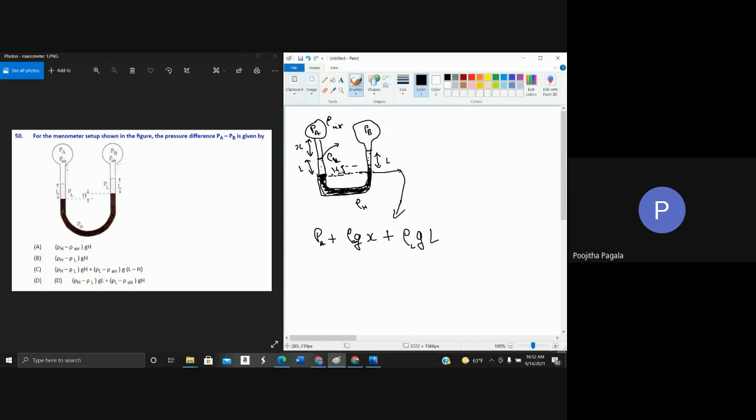And now we are going in the upward direction. When we are moving in the upward direction, the pressure should be subtracted because the pressure is going to decrease as you are moving upward in a fluid. So the pressure is going to decrease by an amount minus rho h into GH.